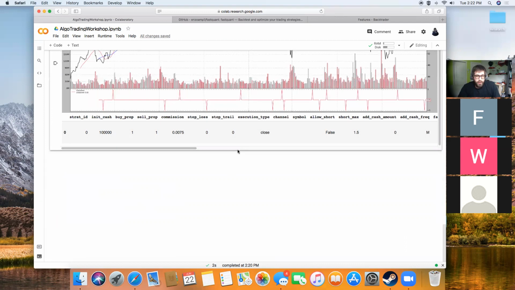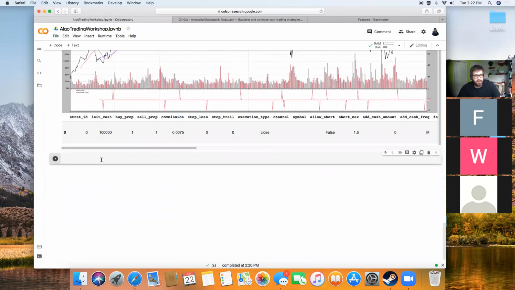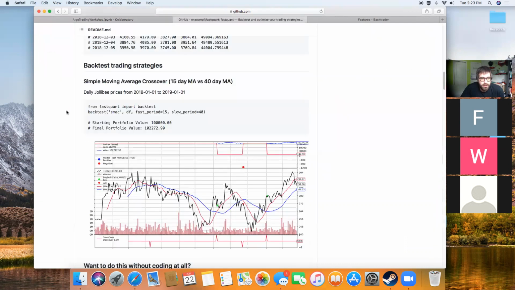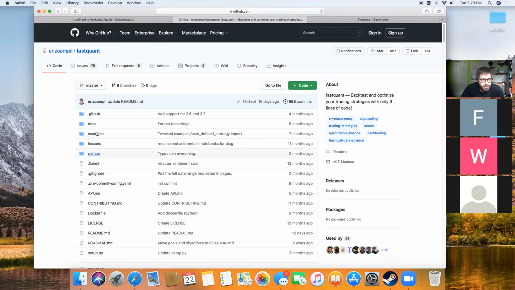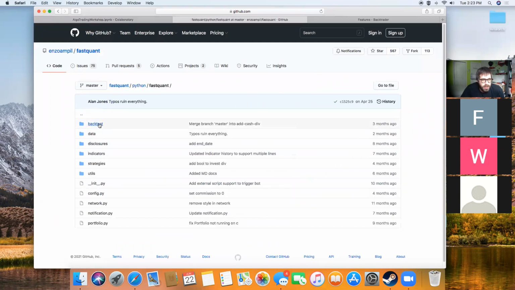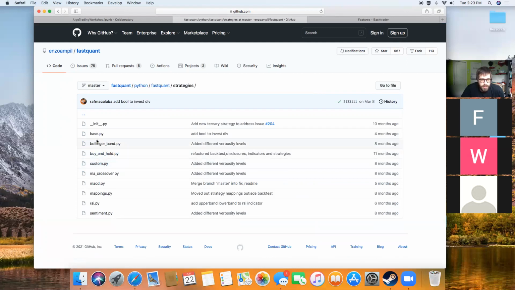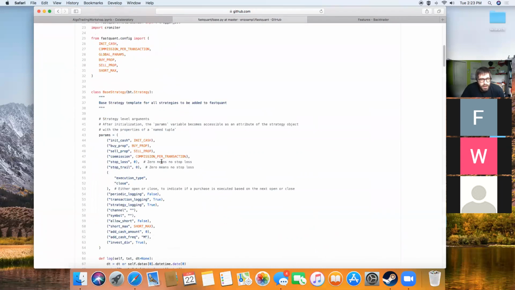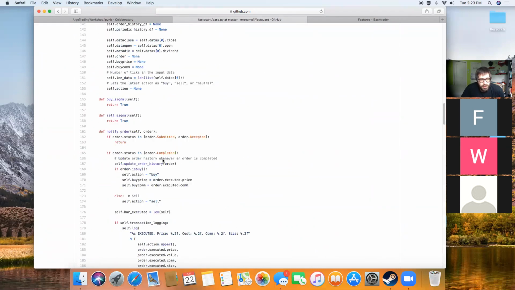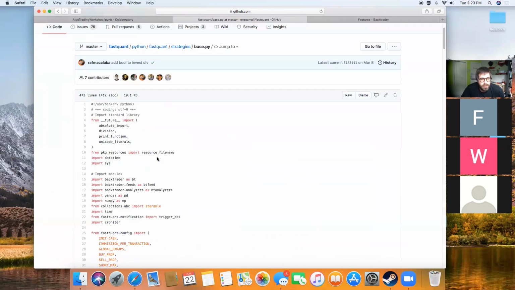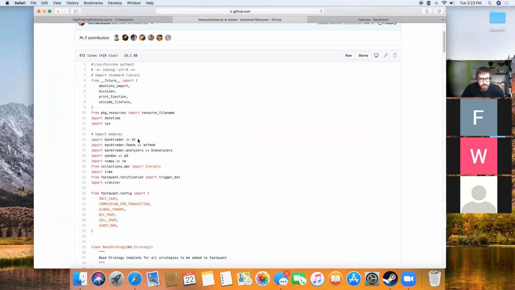So we're going to get to a point where we're building our own strategy, a simple one. Actually, we might not, but let me show you how this library works. So going to the code for the strategies, there is a base. Are you familiar with inheritance? Like to inherit from a class? Yeah. Okay. So the base strategy, you can notice that it uses backtrader in the backend to do the actual trading.